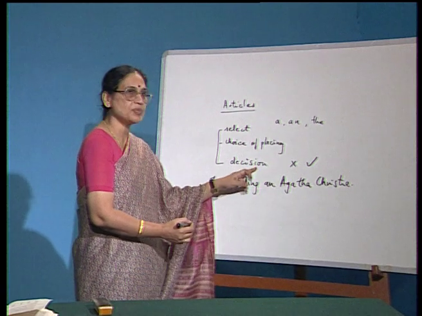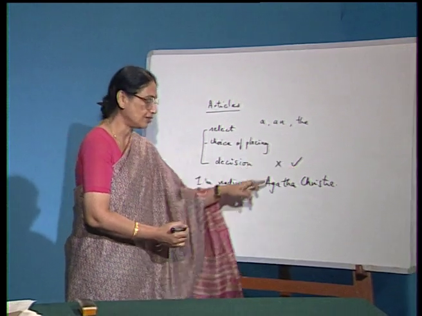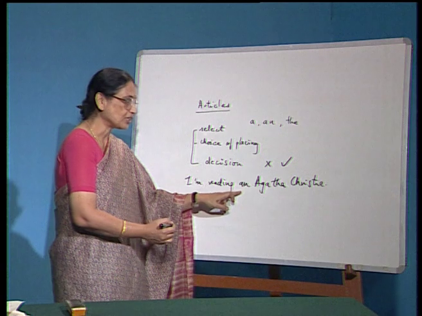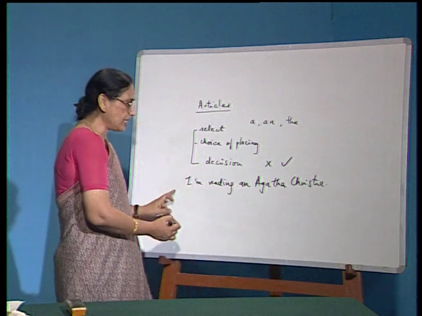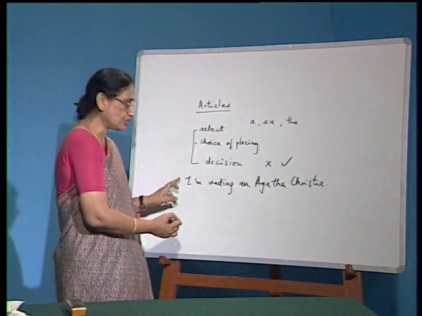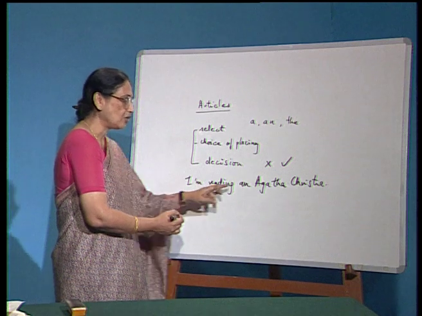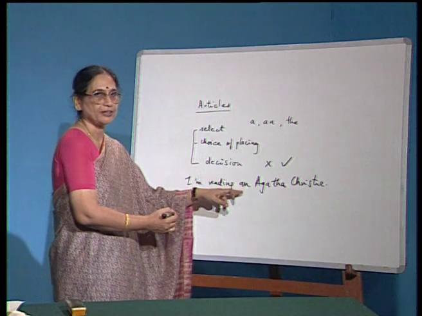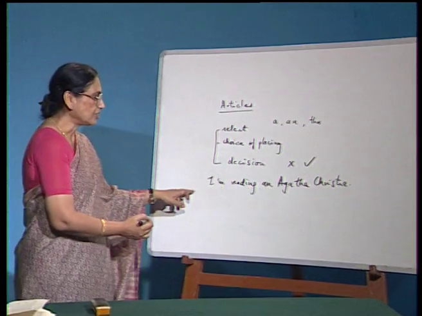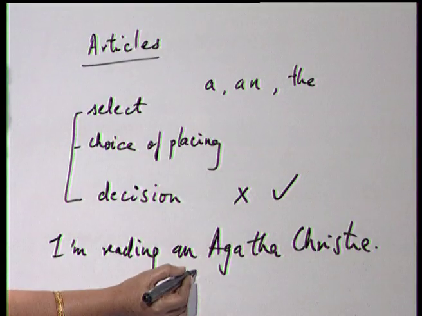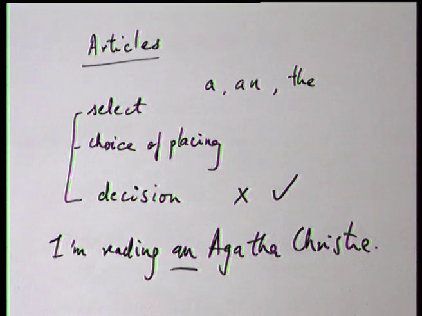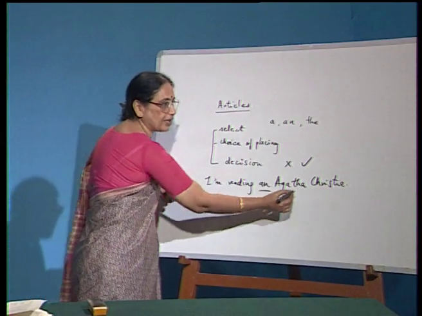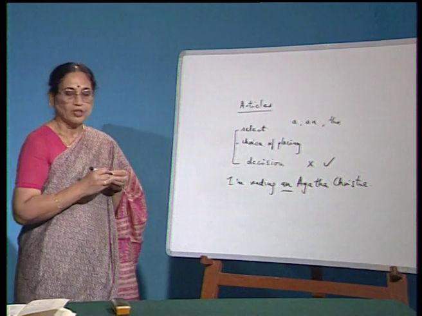A decision has been taken about using the article an, because the person speaking this sentence wants to say that he or she is reading a book by Agatha Christie, and the sentence indicates that I am reading an Agatha Christie, or you could say I am reading a book by Agatha Christie.